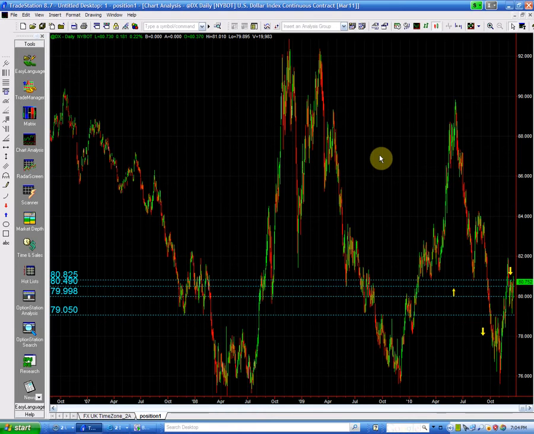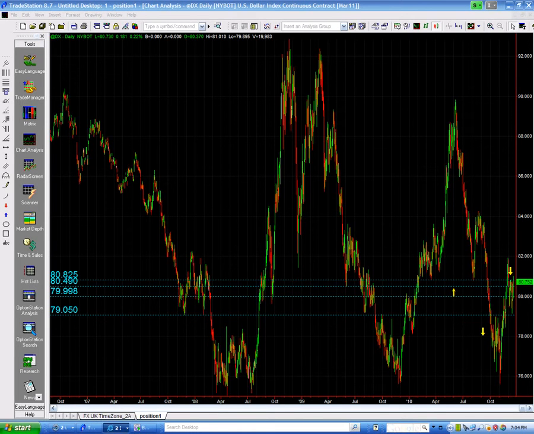Again, for the newcomers, we color code our charts, Dean, and the lines that you see over here on the left hand side, which are light blue, dashed light blue, these are what we identify as significant points or structural points.